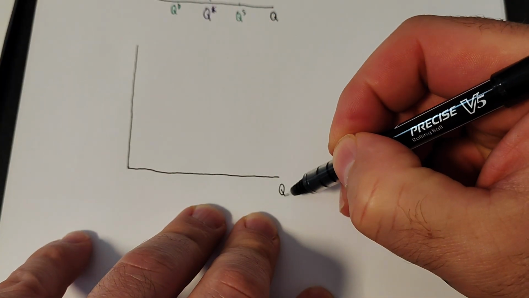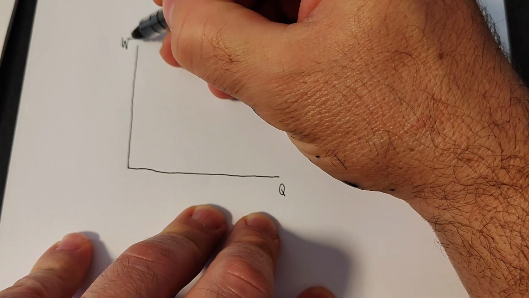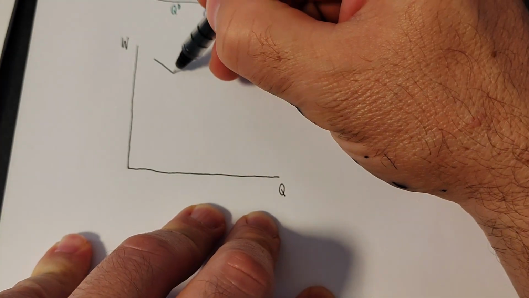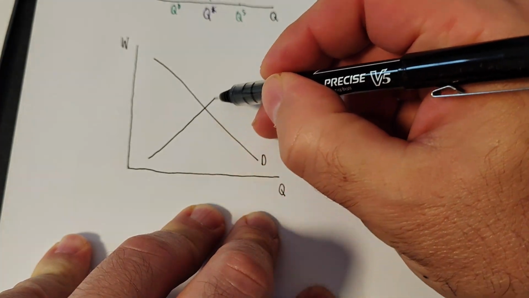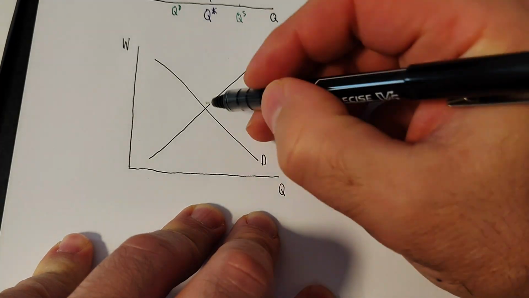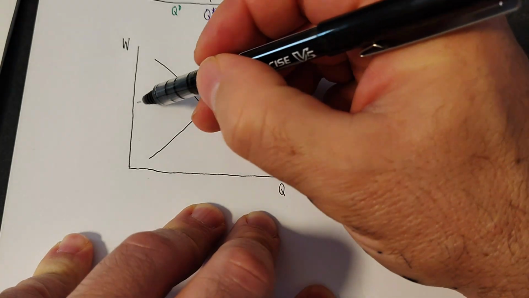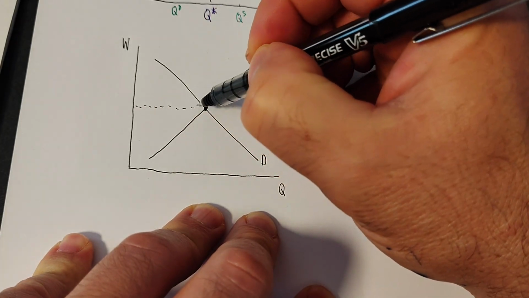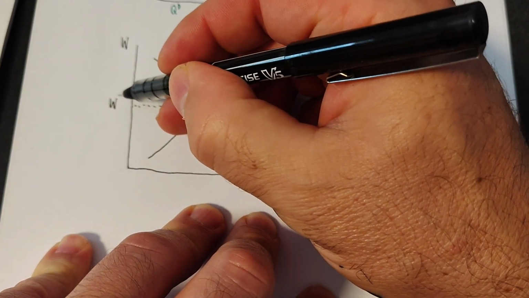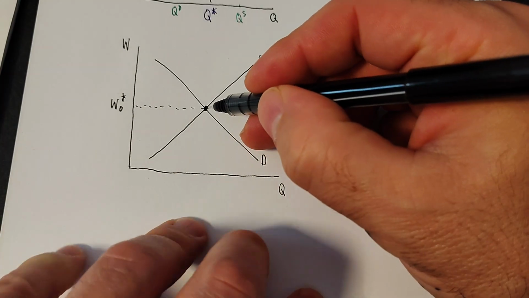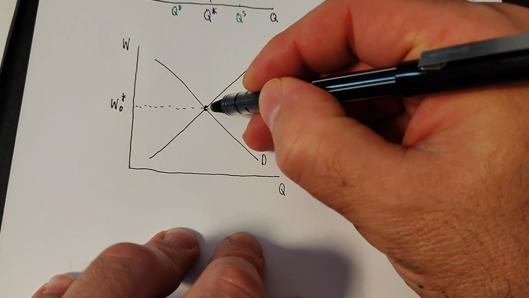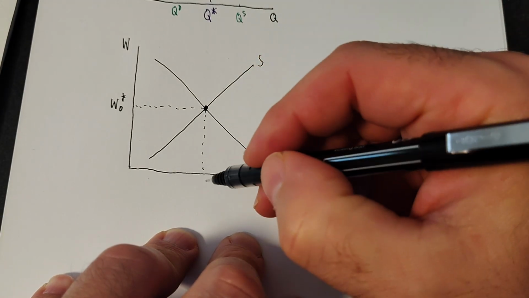I'm going to put my quantity on the x-axis, my wage on the y-axis. I'm going to have a demand curve, and I'm going to have a supply curve. And where they intersect with each other, that's the original equilibrium. We can call that W star 0, for time period 0, which is like immediate. And we can call this Q star 0.